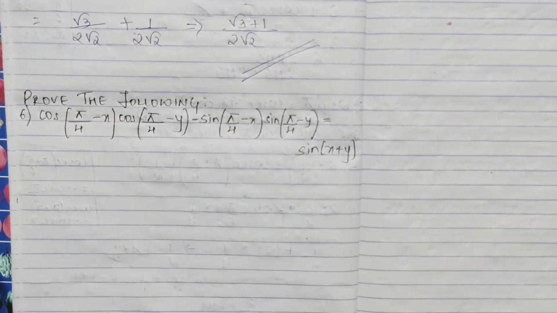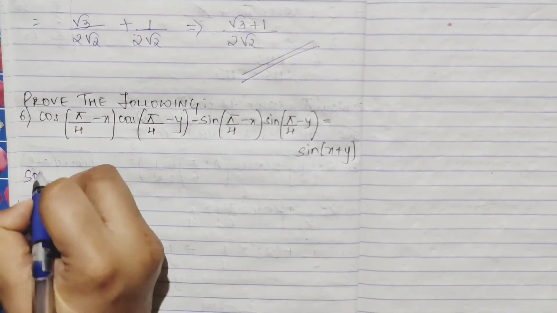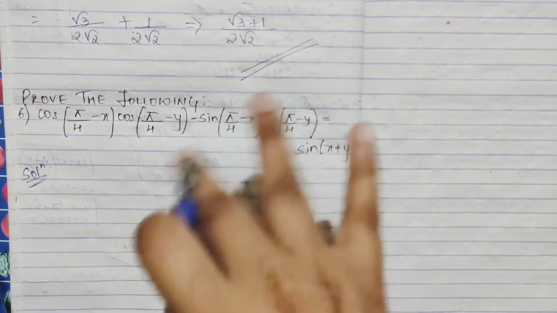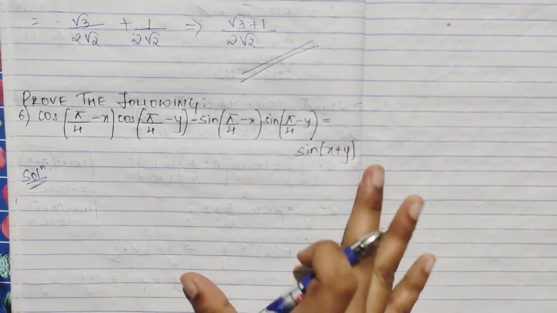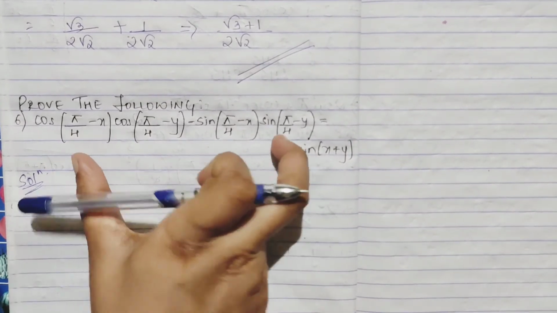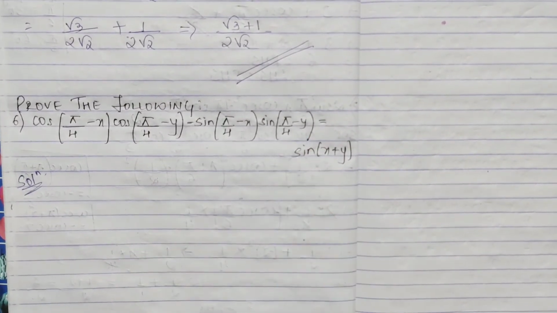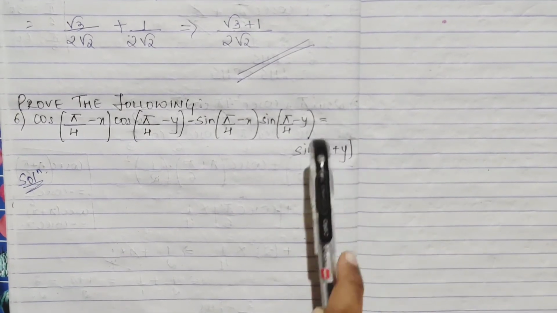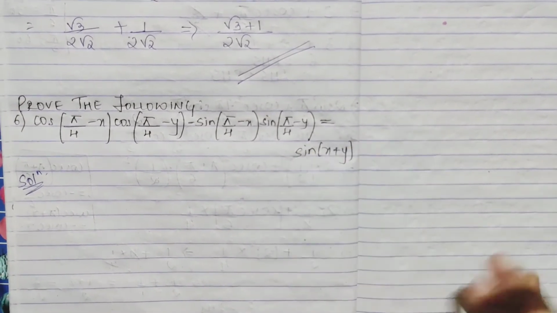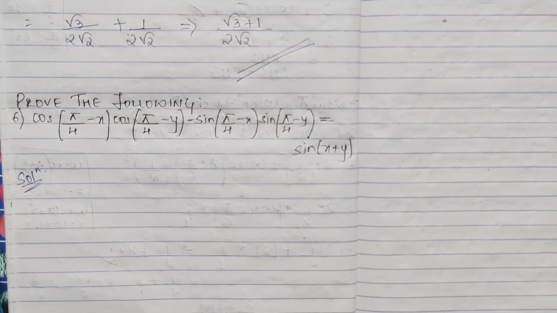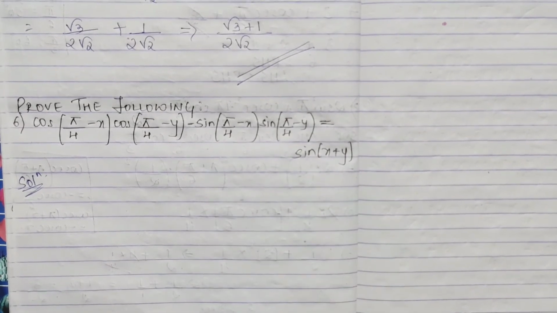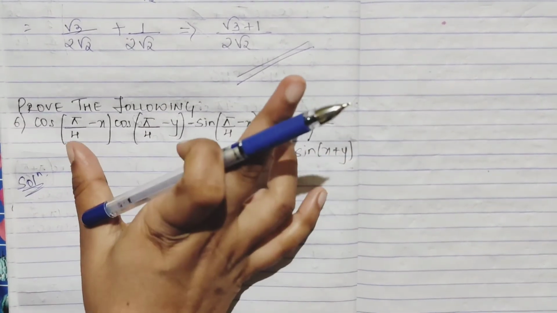So next session, or your next part, whatever you call it, is prove the following. Here also LHS, RHS it is. So here you see LHS, it is so big. Equal to, here I have written, okay, because I didn't have space, so I have written here. So obviously by seeing this we can make sure we will take help of our LHS only.